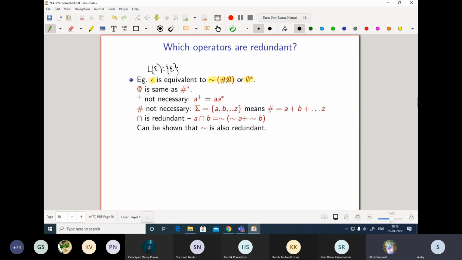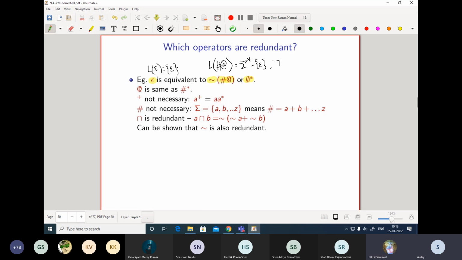Now let's look at not of hash at. What is L of hash at? Can somebody tell me what is L of hash at? Set of all strings having length greater than or equal to 1. So basically sigma star minus epsilon.